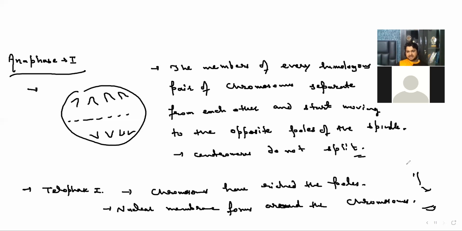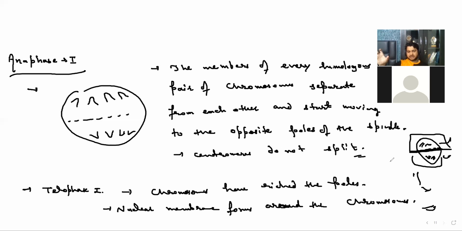So finally, the chromosomes are separated here and here. Both are separated like this. Got it? So this is telophase one. The chromosomes have reached the poles.